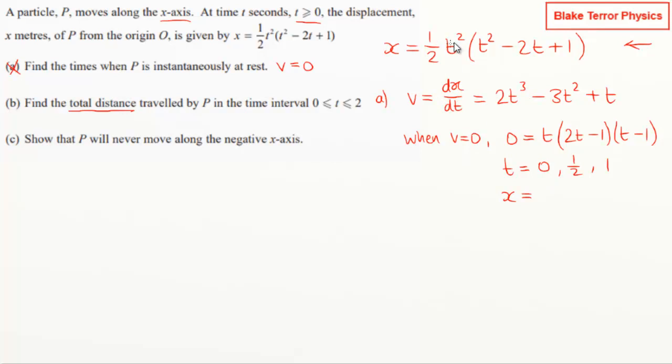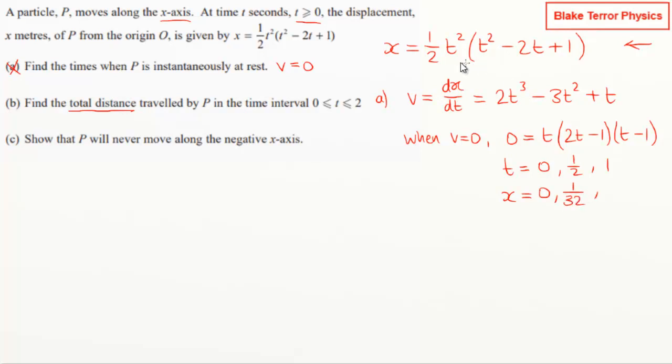So when t is 0, then we're going to have x is equal to 0, because we've got this t squared on the outside. When t is a half, we've got a half times a quarter, that gives us an eighth, and then inside the bracket we've got a quarter minus 1 plus 1, so an eighth times a quarter is 1 over 32.